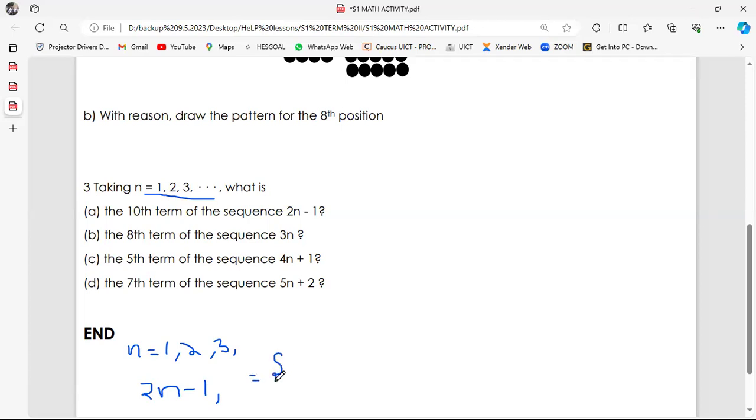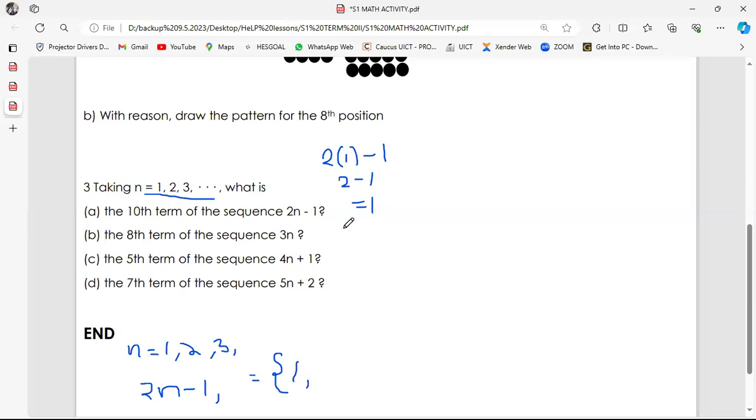The first term is going to be where there is n, we replace with 1. So it becomes 2 into bracket 1 minus 1. So that becomes 2 minus 1 to give us our answer as 1. So this becomes the first term of the sequence.